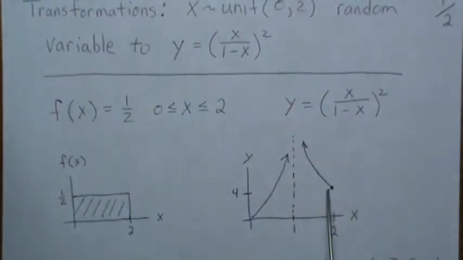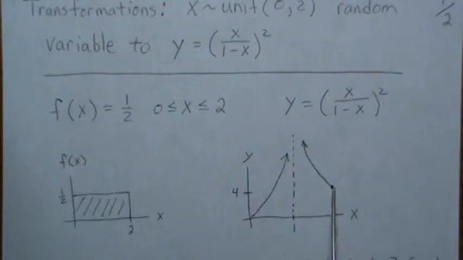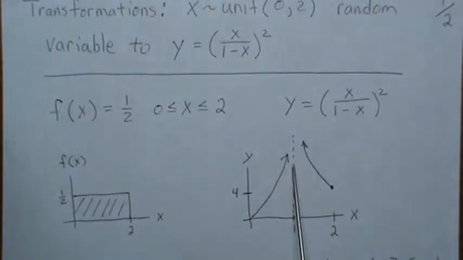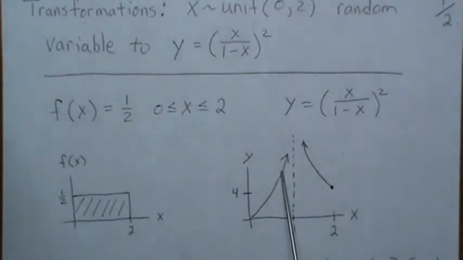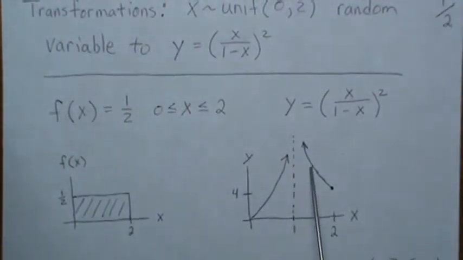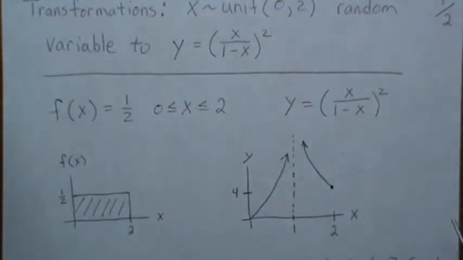So the function looks like this, and this value is at 4. If we pick a y value that's in here, then we need to find the probability of this x happening and the probability of this x happening.